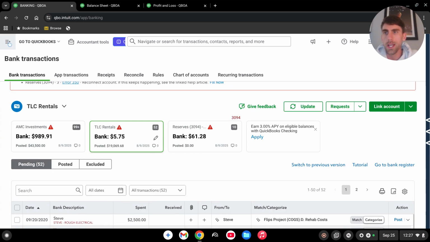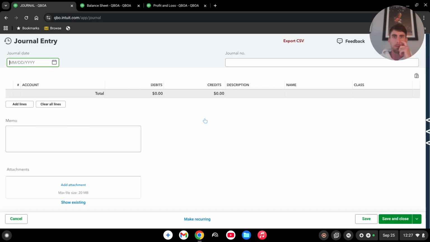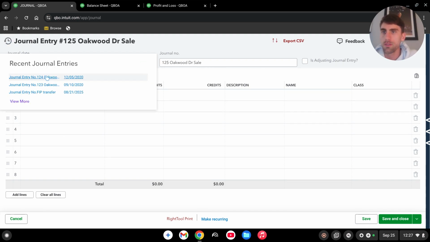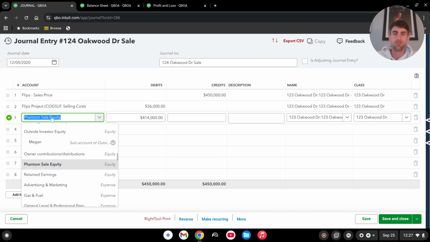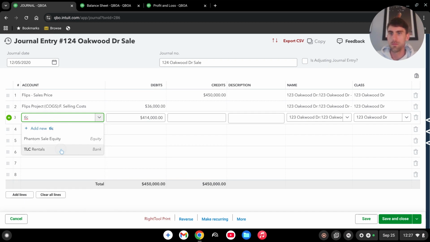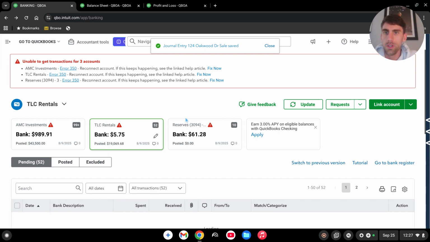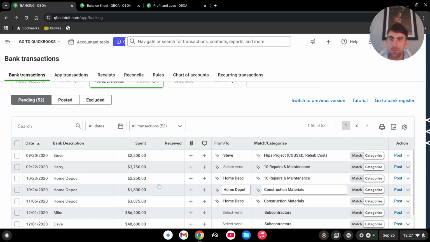So we can even go back into this journal entry. I actually just want to see what this looks like if we just put in the bank account. Alright, so that's what we received. And then normally you would see it in the bank feed and you can match that as well.